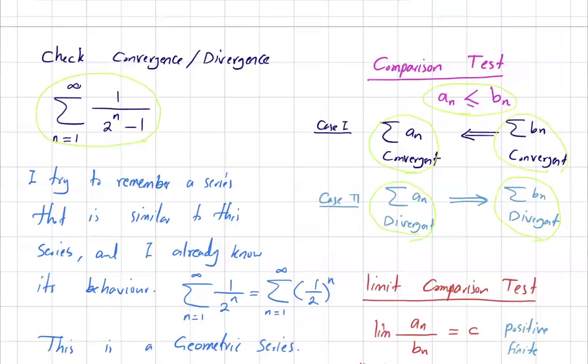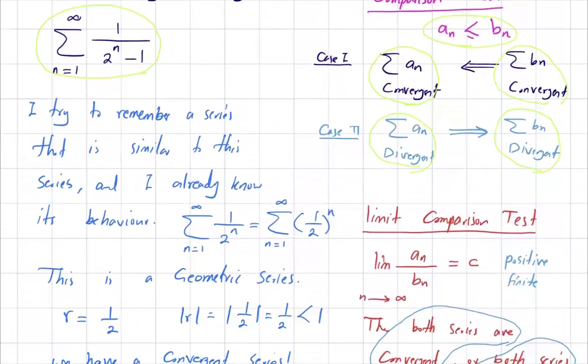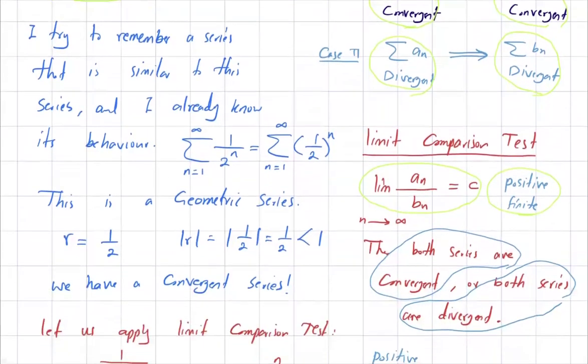Or you can use the limit comparison test. In the limit comparison test, you find a series that is similar in behavior and whose behavior you already know. Then you take the limit.